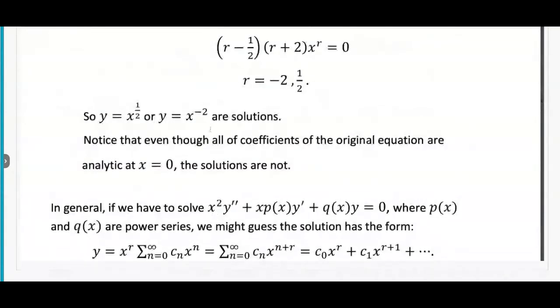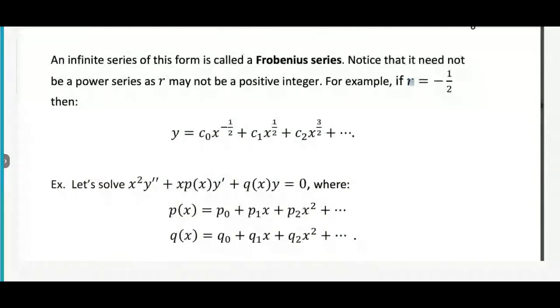r could be a negative number. Then we will have x raised by a negative half, then x raised by half, and so on and so forth.